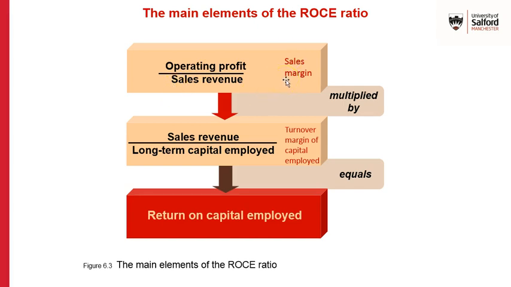You know, if you're selling whiskey or food or whatever, it's how much money you're making on a bottle of whiskey and that sort of thing. So this is a way of breaking down the overall return on capital employed, so we can see the relationship between the profit we're making on our sales and the sales in relation to our capital employed.